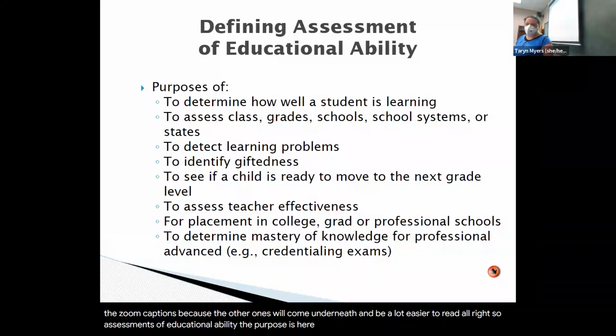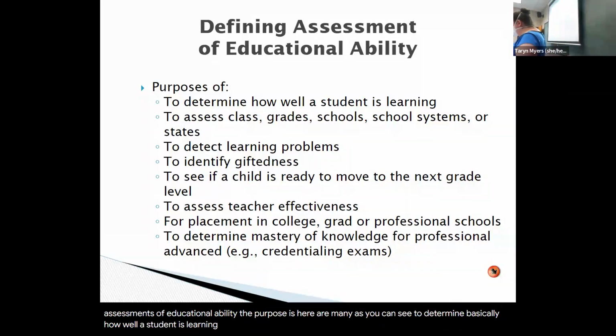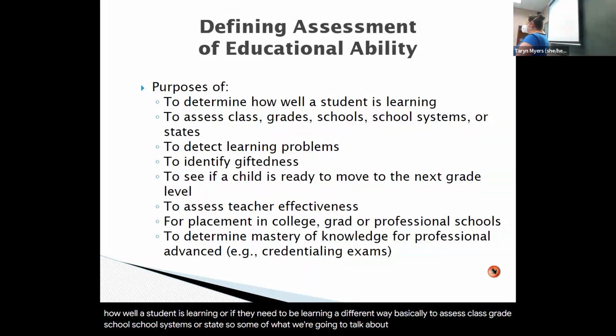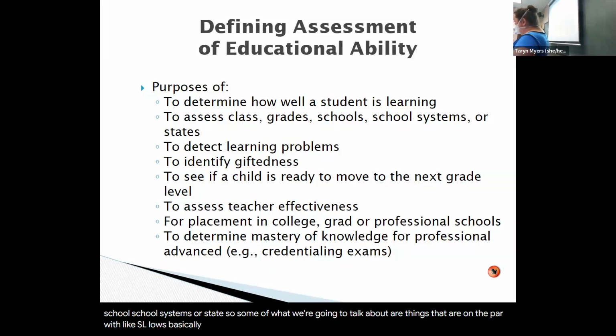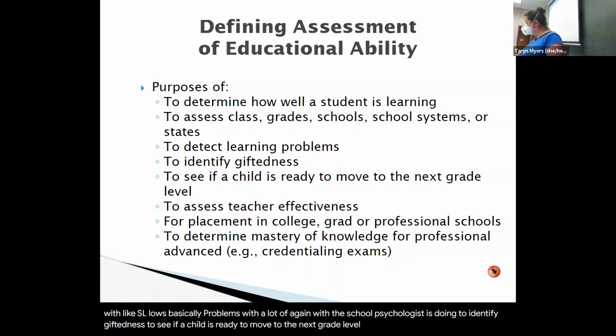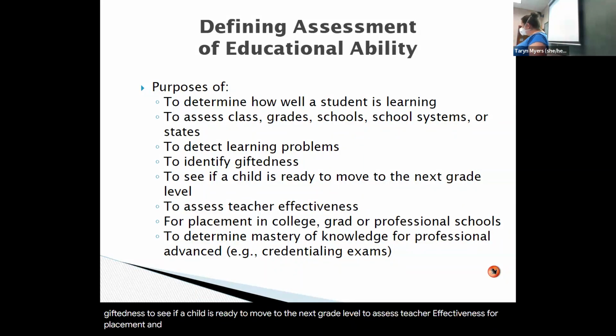The purposes here are many, as you can see: to determine basically how well a student is learning, or if they need to be learning a different way, to assess classes, grades, school systems, or states. So some of what we're going to talk about are things on par with SLOs. To detect learning problems is a lot of what the school psychologist is doing, to identify giftedness, to see if a child is ready to move to the next grade level, to assess teacher effectiveness, for placement in college.